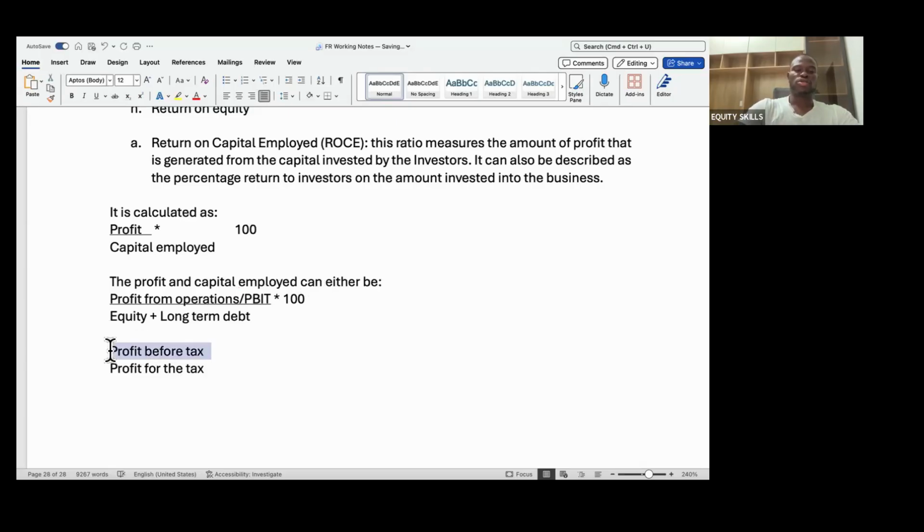Or if you're using just your PBT, then this can just be equity.